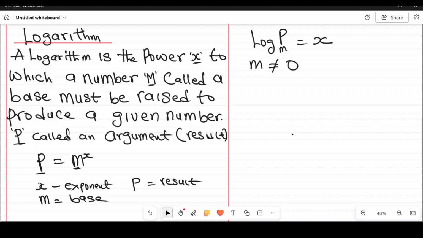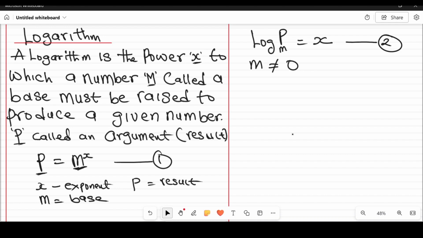So from the definition of logarithm, the log of p to base m is equal to x. Our exponent is the logarithm, m is known as the base, and p is the result when we raise m to the power of x. This is the concept of logarithm.